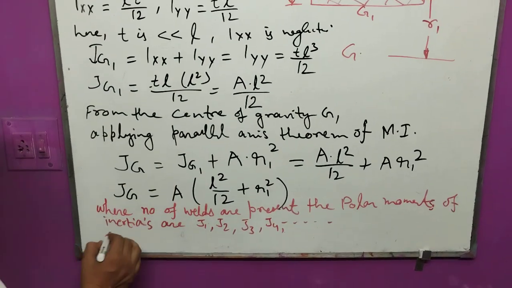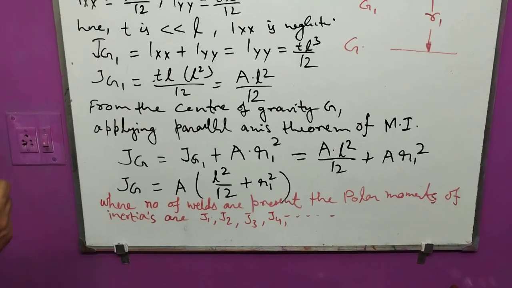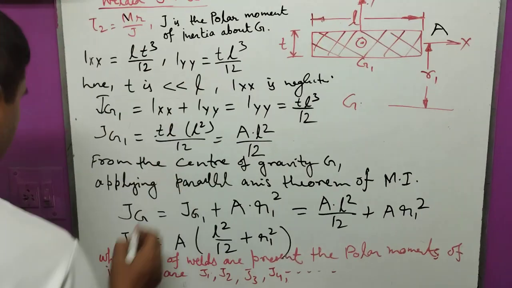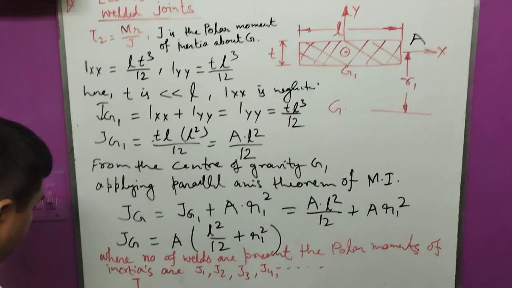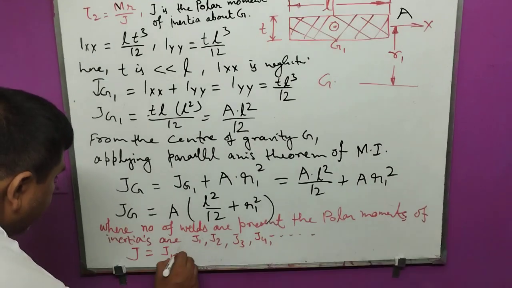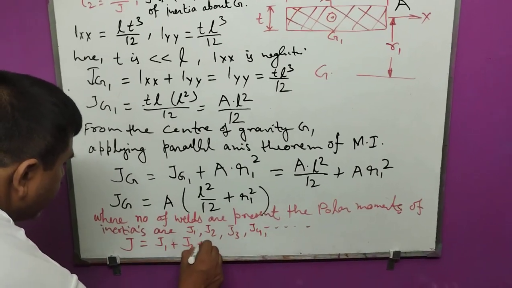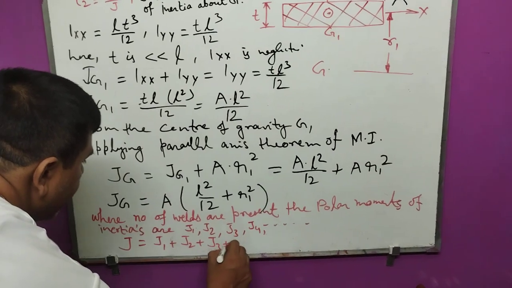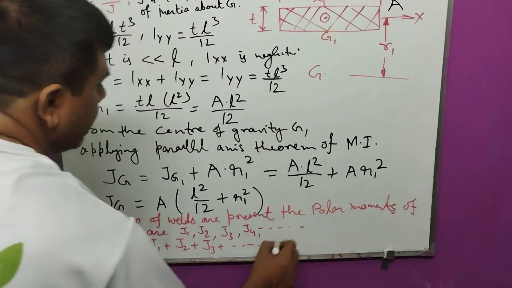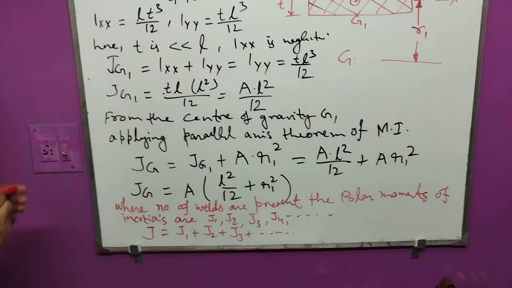Finally, the polar moment of inertia J equals the summation of J1, J2, J3 and so on. Thank you.